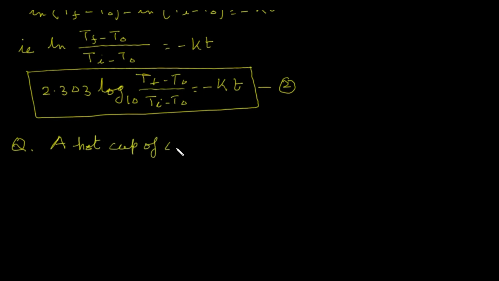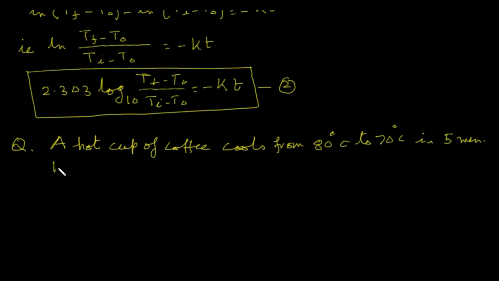A hot cup of coffee cools from 80 degrees C to 70 degrees C in 5 minutes.